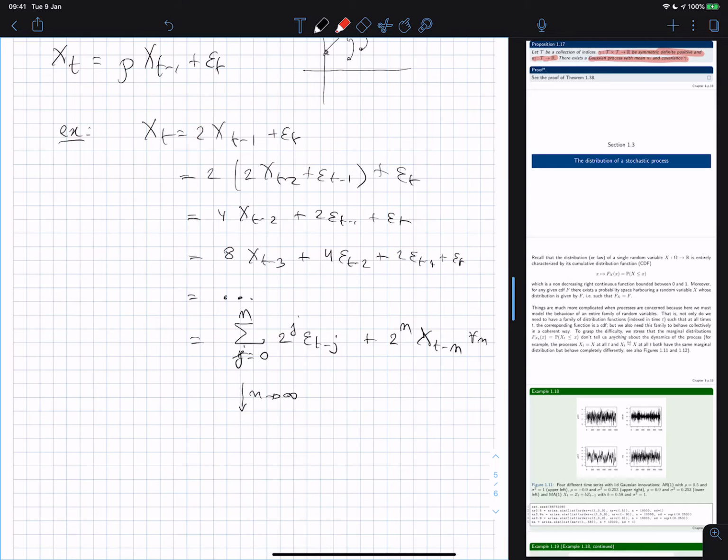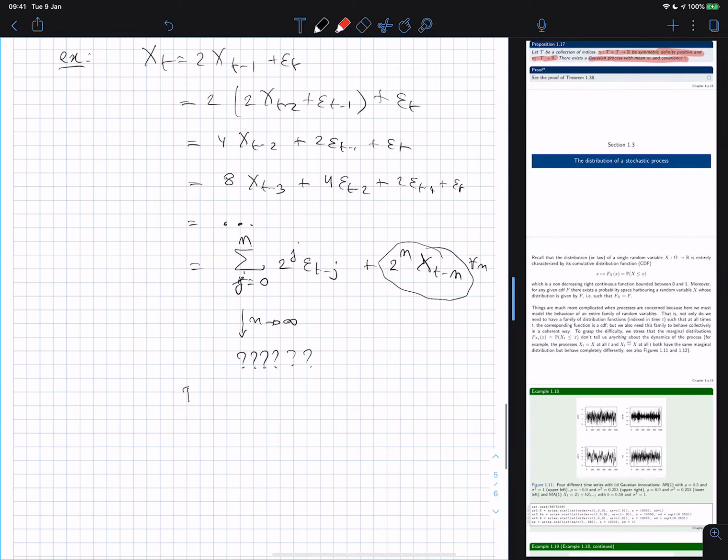But if I let n go to infinity, I'm in a very strange situation, because this does not converge. It becomes infinitely large. If x_{t-n} is not 0, then this becomes something very strange, and this is not a good process.